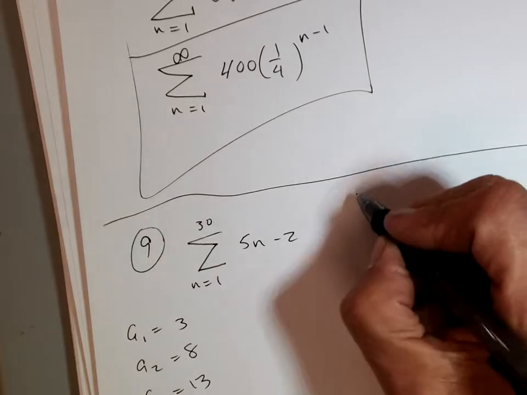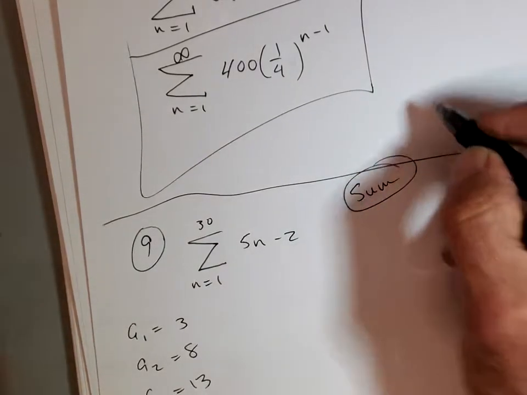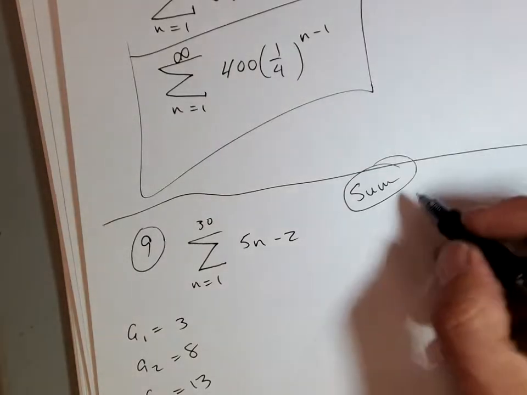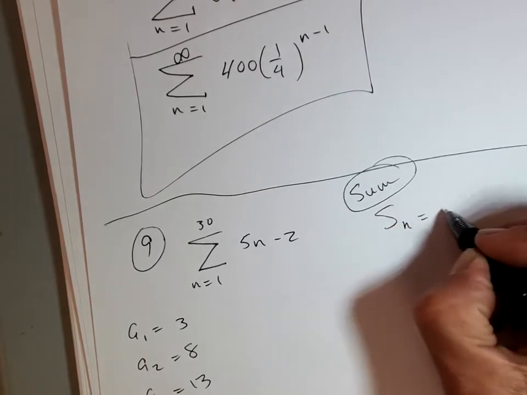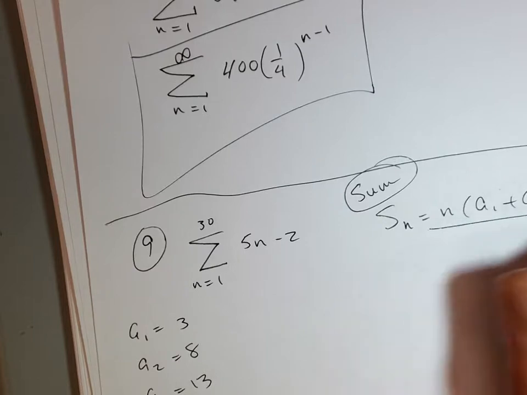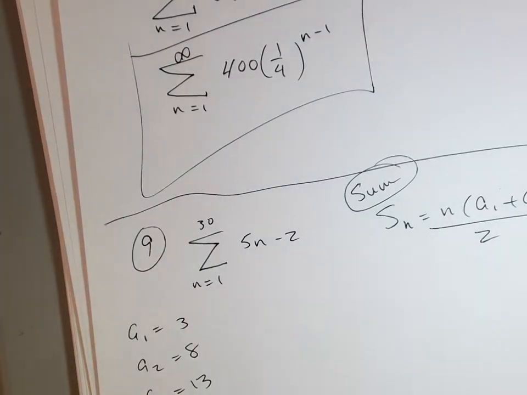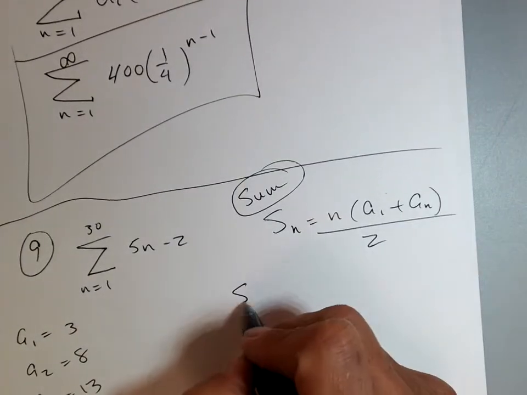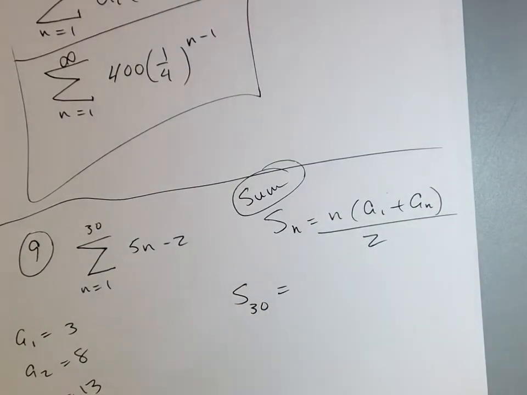But if I want to find the sum, I've got to have a sum formula. Arithmetic, S of n means sum, right? How many terms are there? 30. So S of n equals n times (a1 plus an) divided by 2, right? Now, we know there's 30 terms, so it's S of 30, because we need the sum of the first 30 terms.